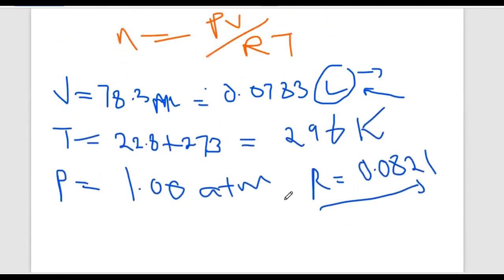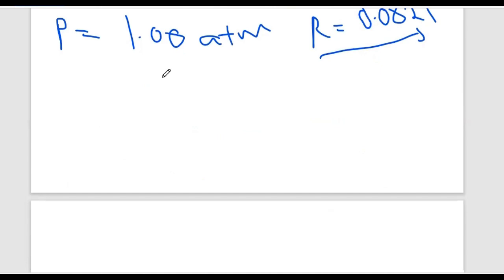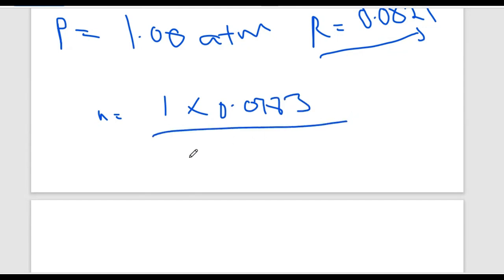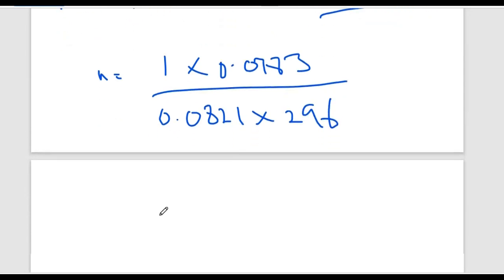So let's substitute what we have into that equation. Our moles will be equal to 1 atmosphere multiplied by the volume, 0.0783, over our gas constant, 0.0821, multiplied by our temperature, 296.